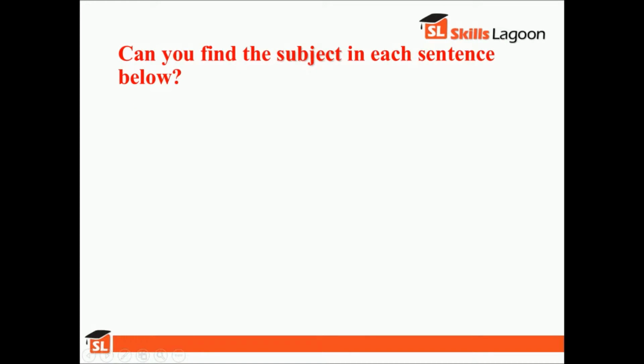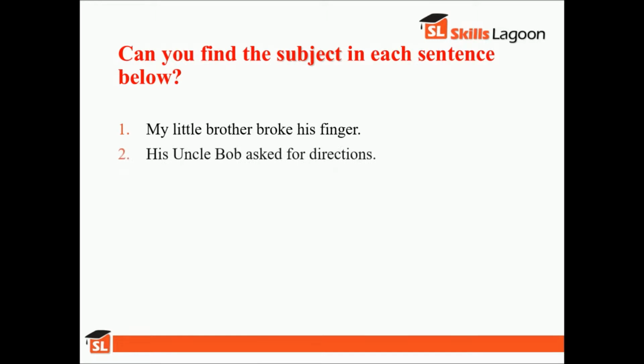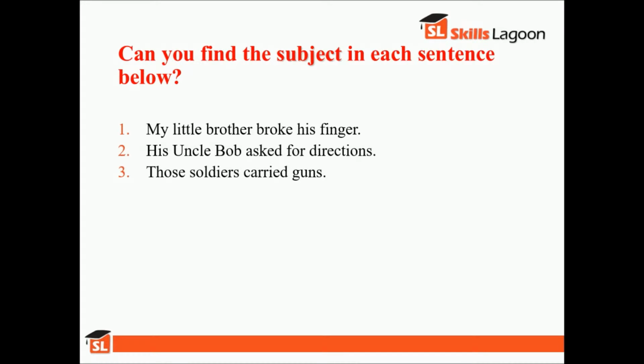Now let's do some exercise. First of all, find the subject from the following sentences. First sentence is, my little brother broke his finger. His uncle Bob asked for directions. Those soldiers carried guns.